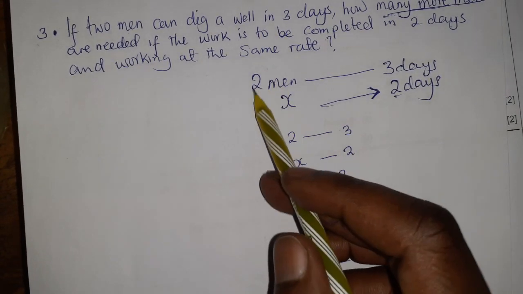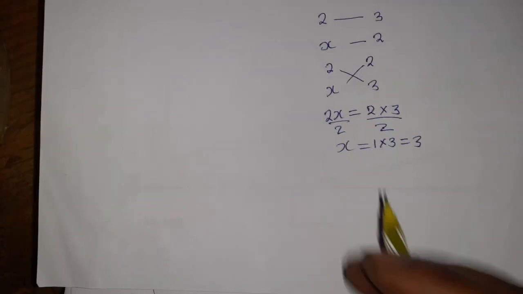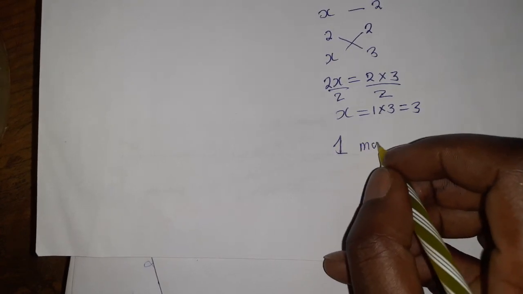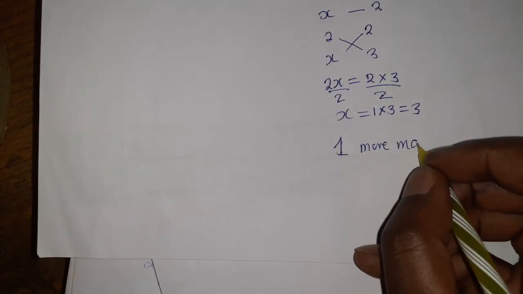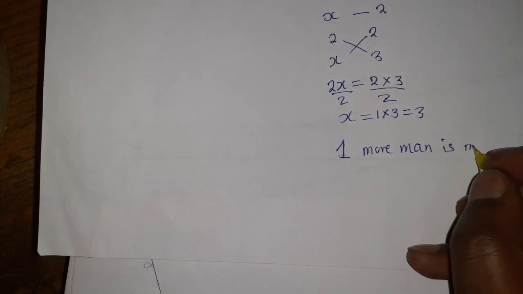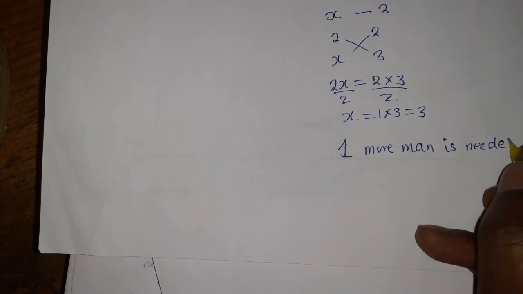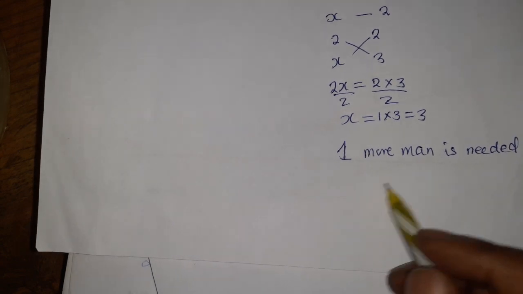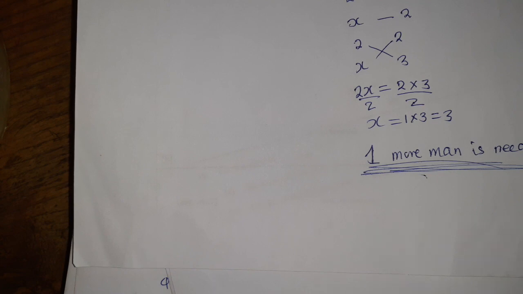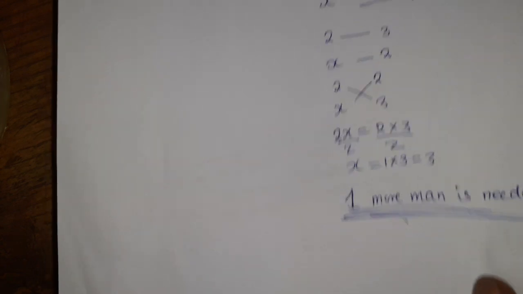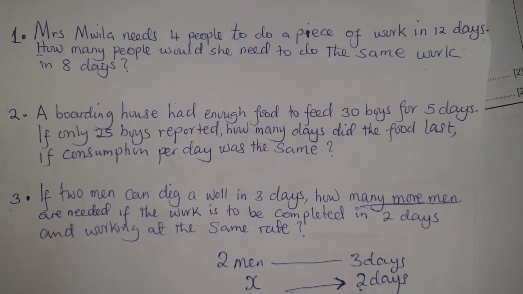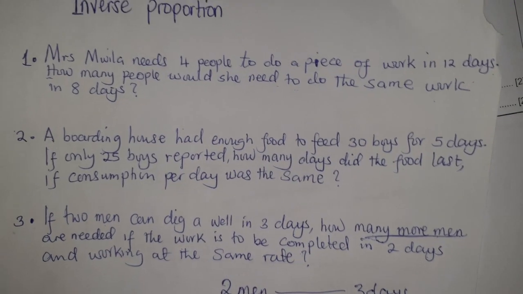So since we already had 2, we need 1 more man. 1 more man is needed or was needed. So this is basically what you were supposed to do.